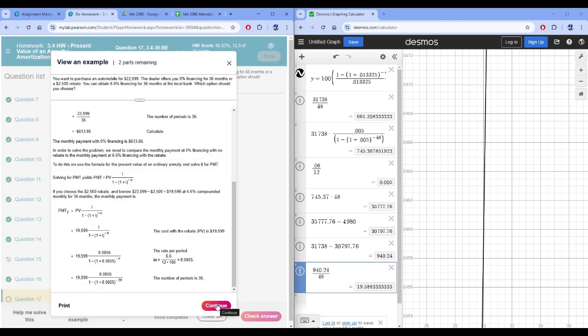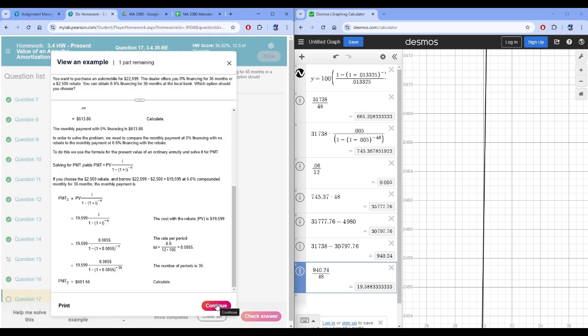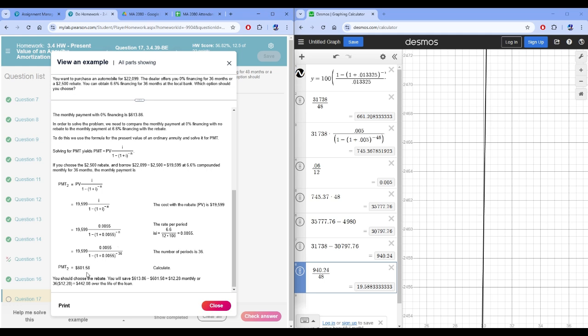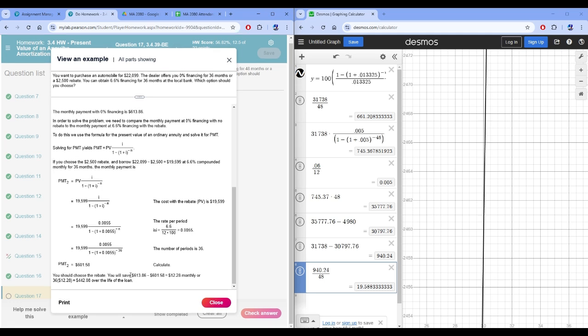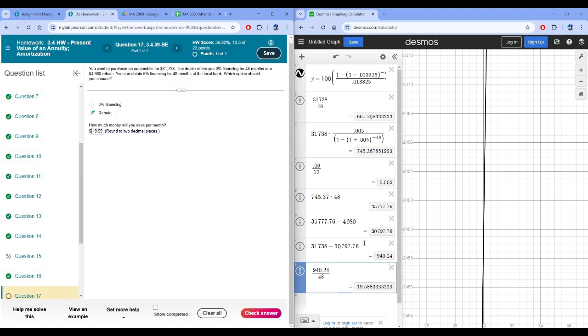That minus that. Yeah, I got that. 940. That minus that. So where are my two loans?